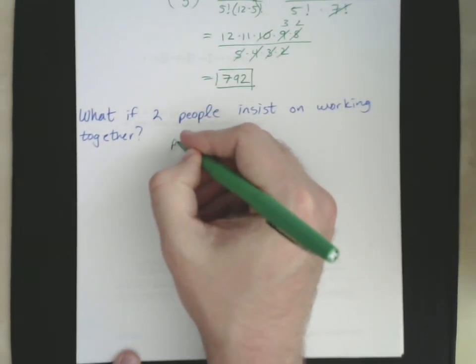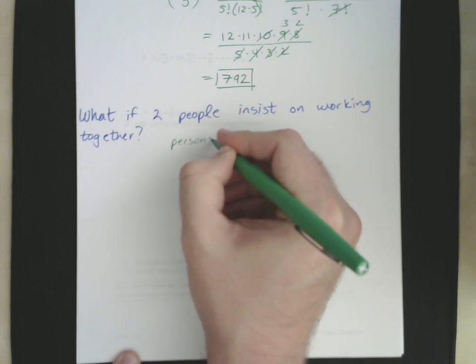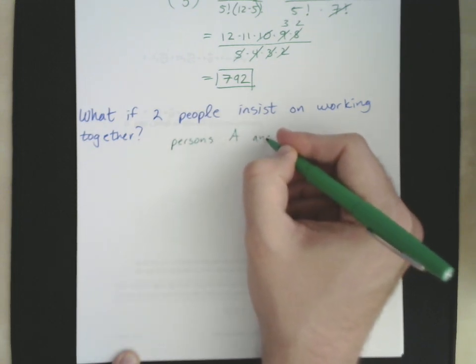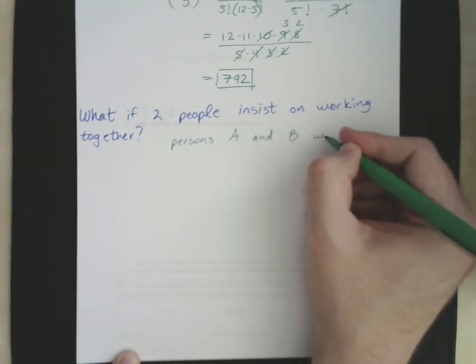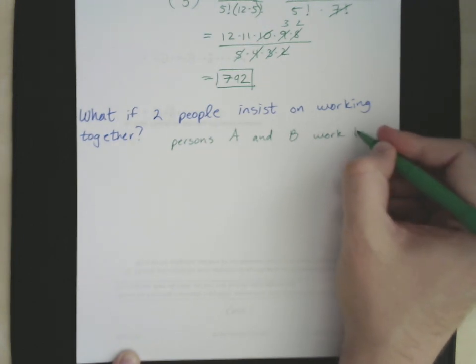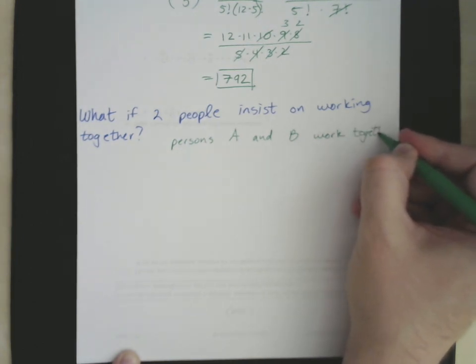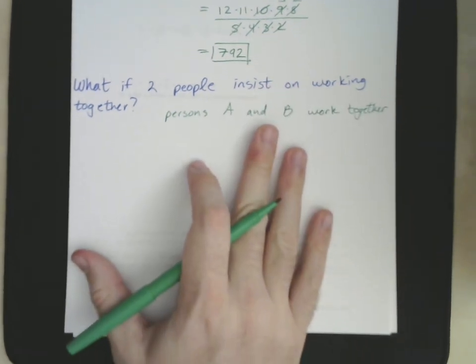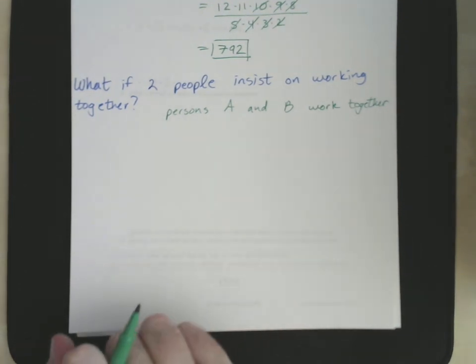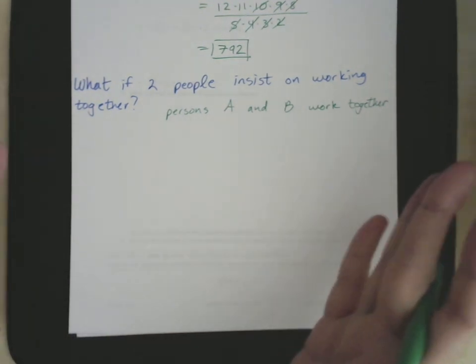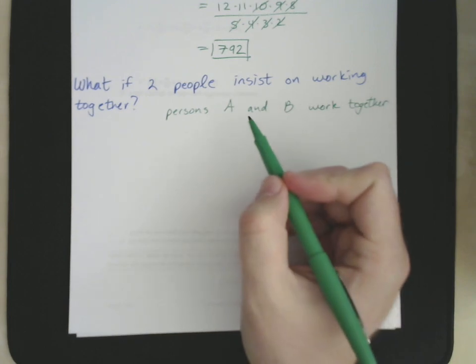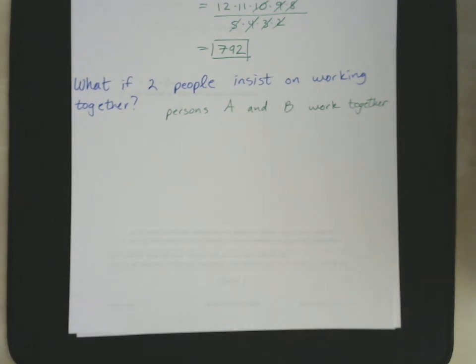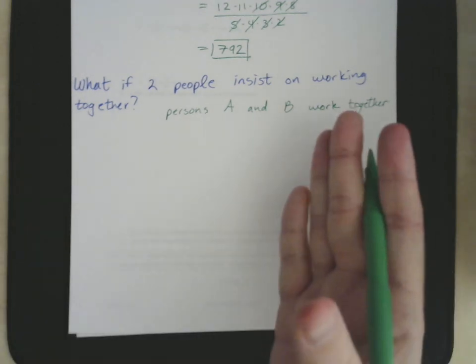So we're going to say person A and person B work together. You can think about this like when we do our proof by cases, this splits us into 2 avenues. We can either have a group that has A and B, or a group that doesn't, because our restriction is that they insist on working together.